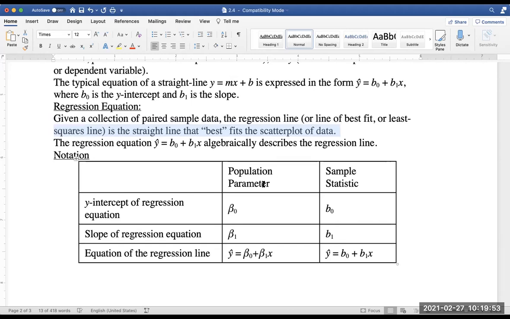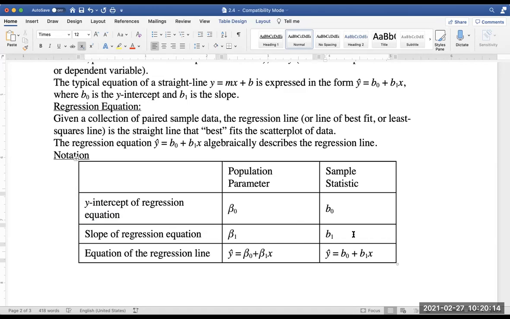If I'm talking about a population, the y-intercept of the regression line is denoted by beta sub 0. For the sample, it's denoted as b sub 0. The slope of the regression line for a population is beta sub 1.